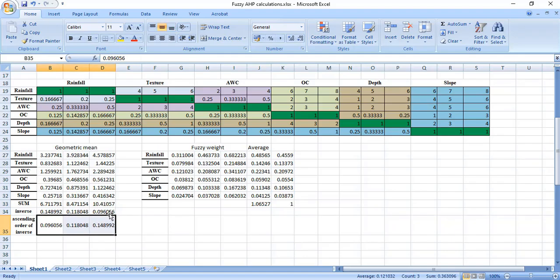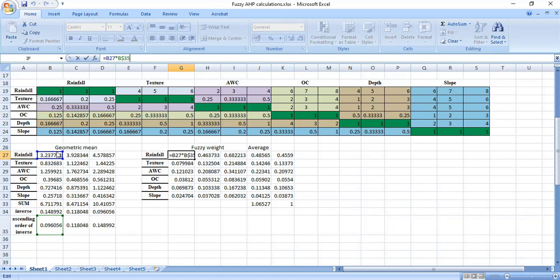So the first will be this one, then the second and this is the third one. Now we will get fuzzy weights for each cell first. It will be a multiplication of this and this, what we have arranged in ascending order. Similarly this is this into this.